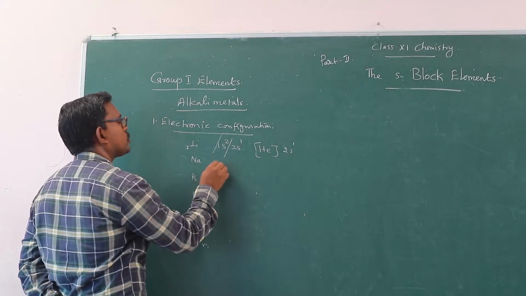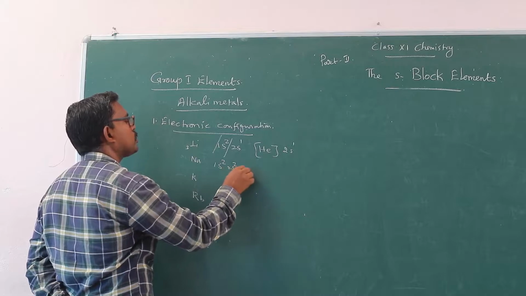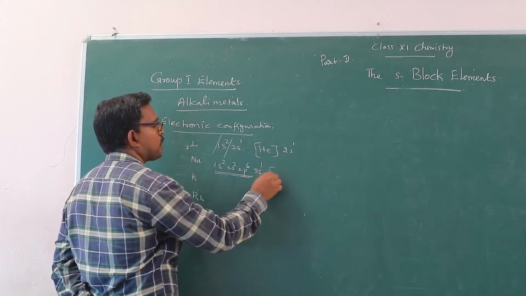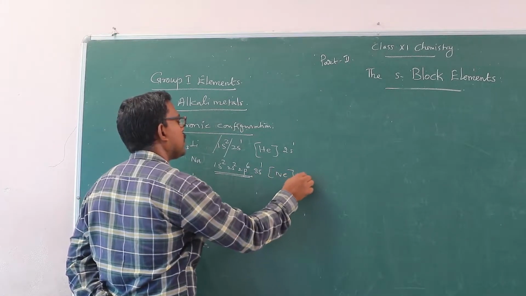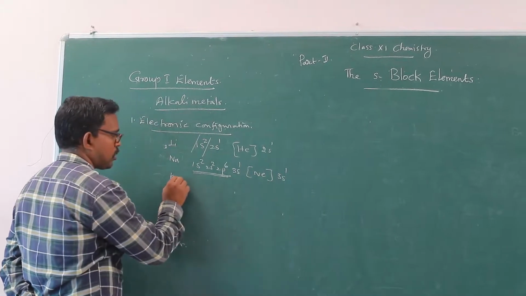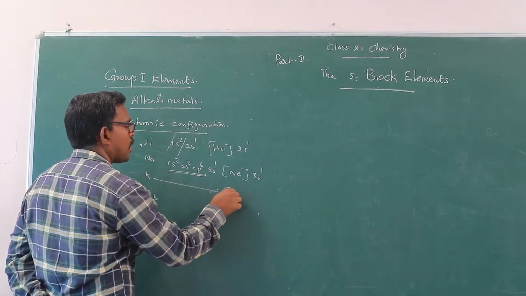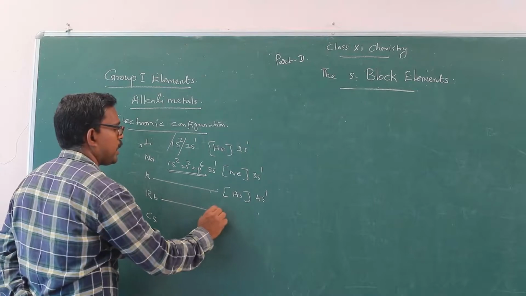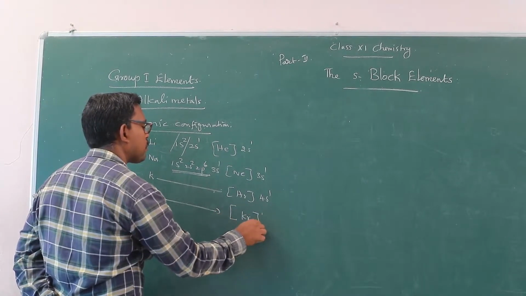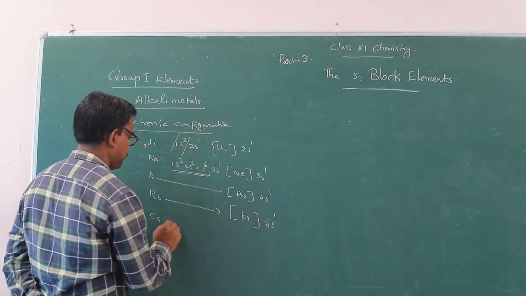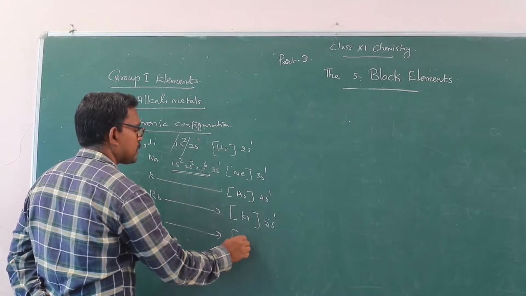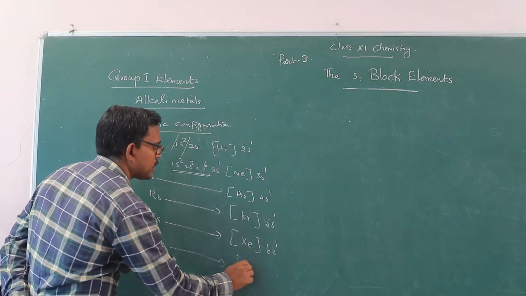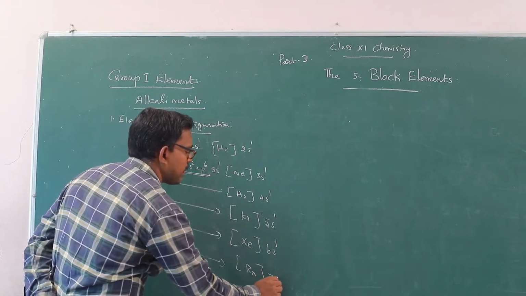Sodium is 1s2, 2s2, 2p6, 3s1, which is neon 3s1. Potassium is argon 4s1, rubidium is krypton 5s1, cesium is xenon 6s1, and francium is radon 7s1.